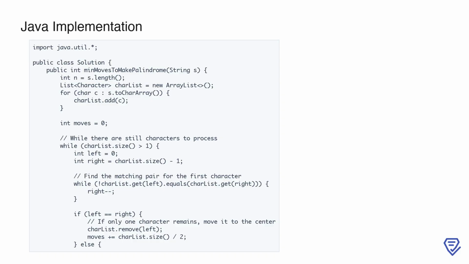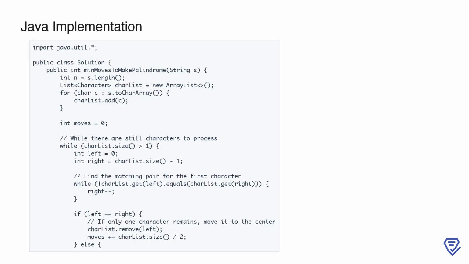First, we import the necessary libraries, and then we define the main method, minMovesToMakePalindrome, which takes a string S as input. The goal is to calculate the minimum number of moves required to transform this string into a palindrome. We begin by determining the length of the string and creating a list of characters called charList from the input string. This list allows us to manipulate the characters more easily.